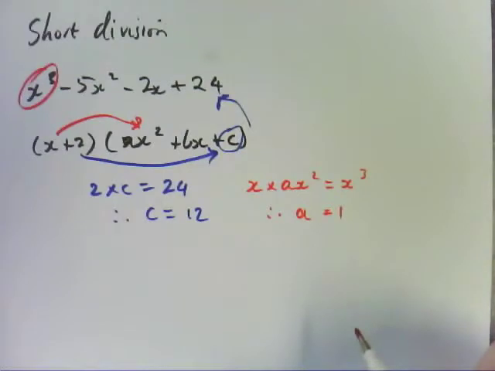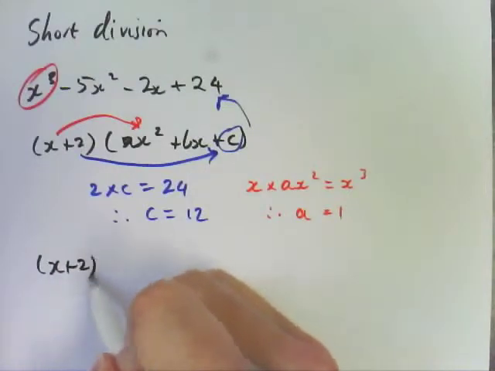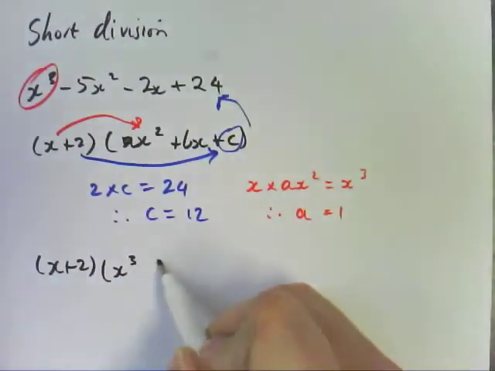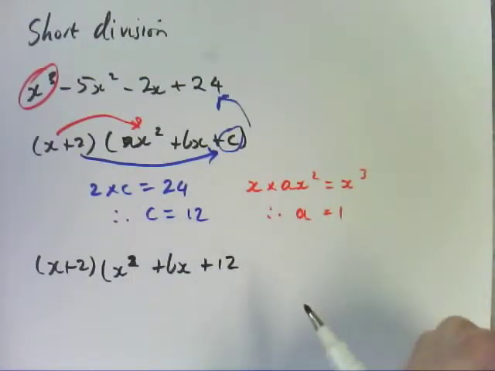Okay. So at the moment, we can say that when we divide it, we get x plus 2 times x squared plus bx plus 12. Okay, this is where it gets a little bit sketchy, and I'm going to use a different colour here so that you guys can see where I'm pulling things from.